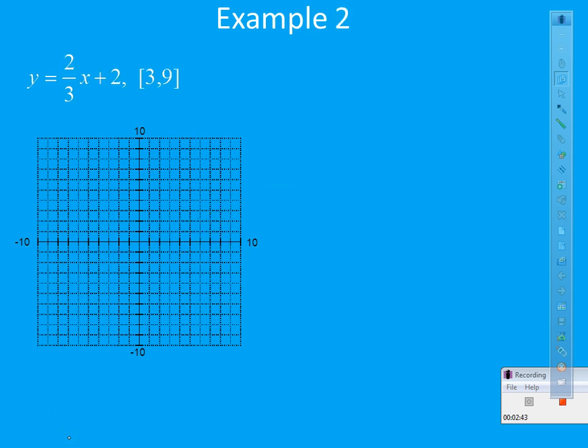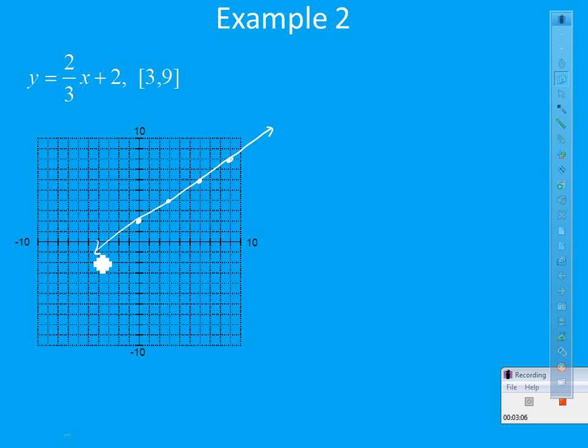On your second one, I would like to do the same thing. I would like to graph the line y equals 2/3 x plus 2. So I'll start here at 2. I'll do the slope of up 2 and over 3, up 2 and over 3, up 2 and over 3, so that here's the line that I'm working with.